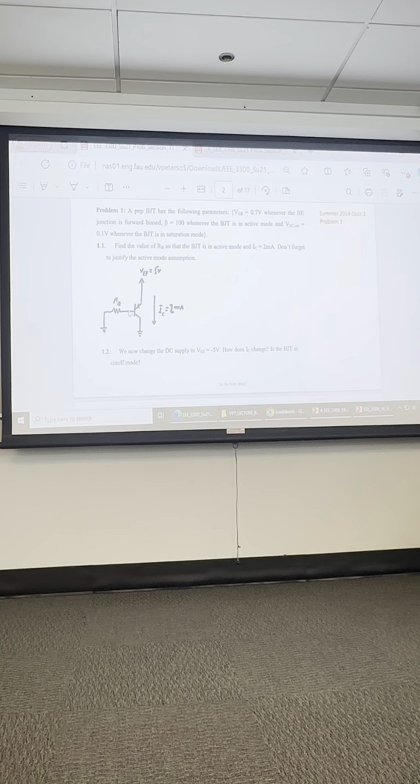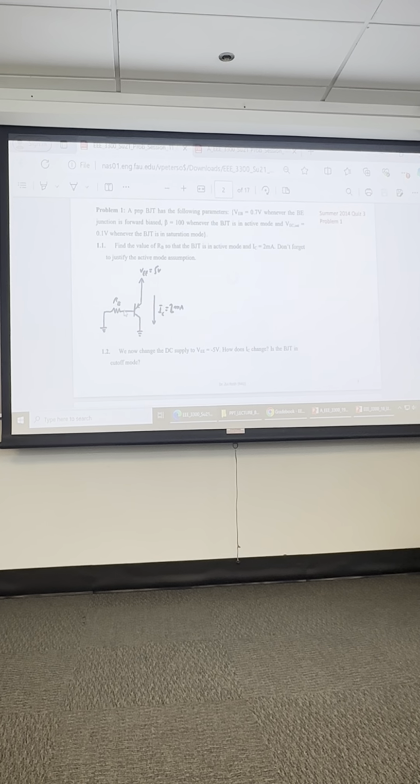And then we have a base voltage of 4.3, and the current is 4.3 divided by R sub B, that's going to give us I sub B, and then we can use the collector current to manage the I sub B over here and eventually calculate the R sub B resistance.